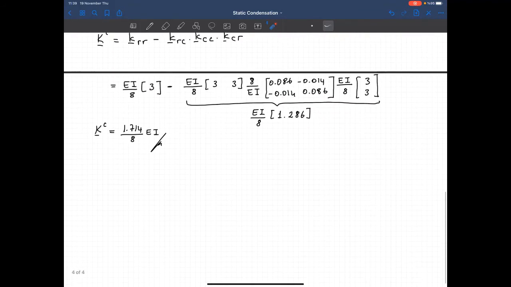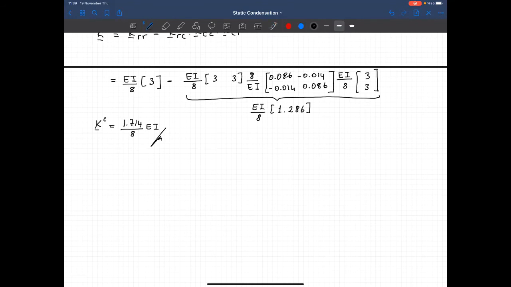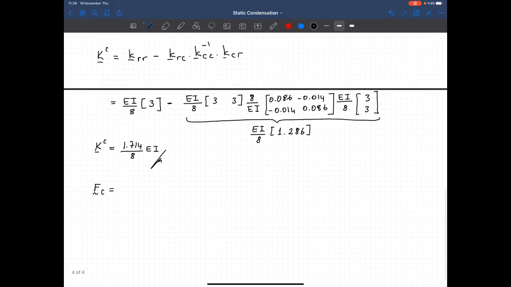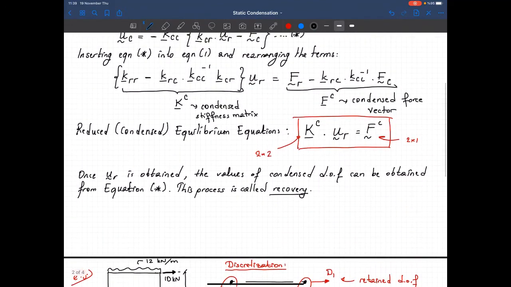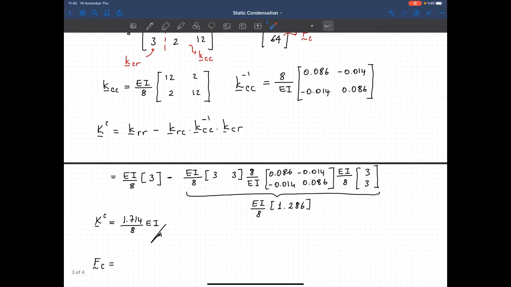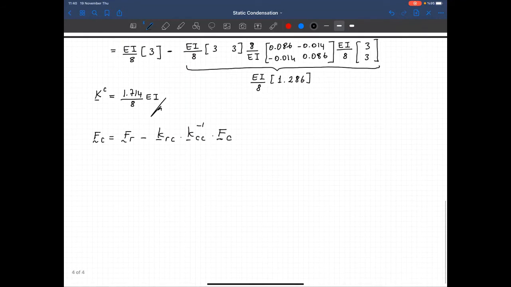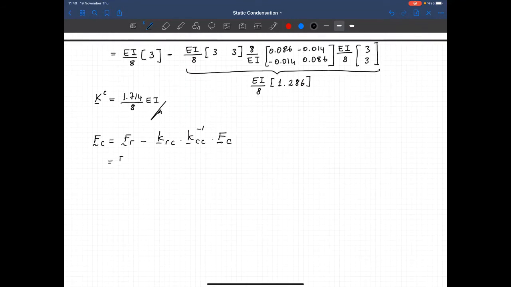Okay, let's see if this approach is correct. So FC is equal to, let's take a look at the equation one more time, Fr minus this expression. So I got Fr minus KRC multiplied by Kcc inverse multiplied by FC. Okay, that's equal to 10 minus 3 multiplied by, I just cancel out these two.